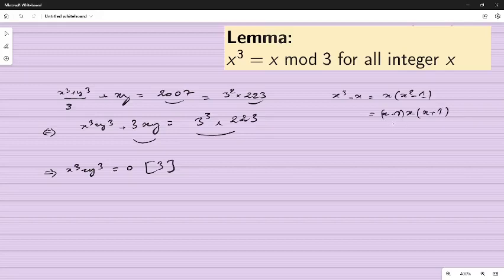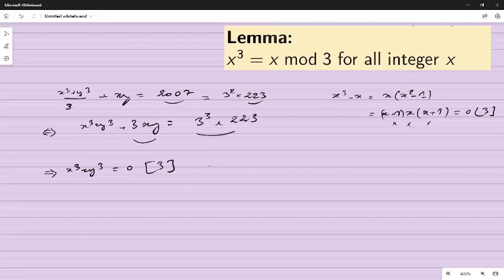And this is the product of 3 consecutive numbers, x minus 1, x, and x plus 1. So the product equals 0 mod 3. In every consecutive integer triple, the product equals 0 mod 3.